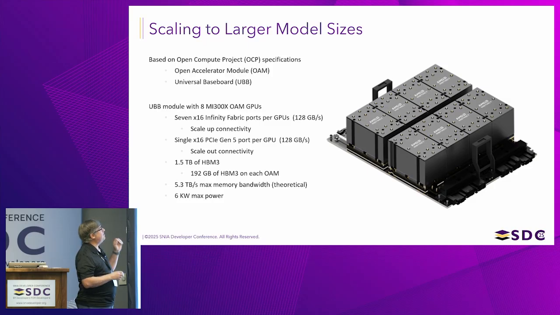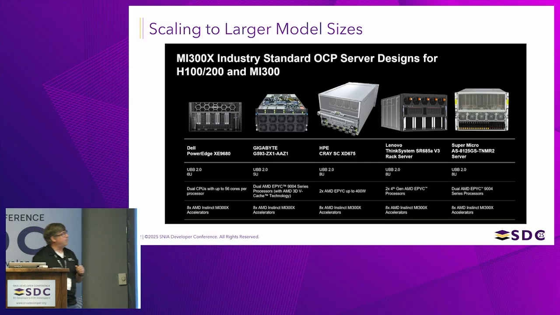So this is sort of what is being shipped in mass today, at least from AMD's point of view. So it's these OEM modules. They're eight to a module. They're put into essentially a GPU server, and then those GPU servers come from a whole litany of OEMs.